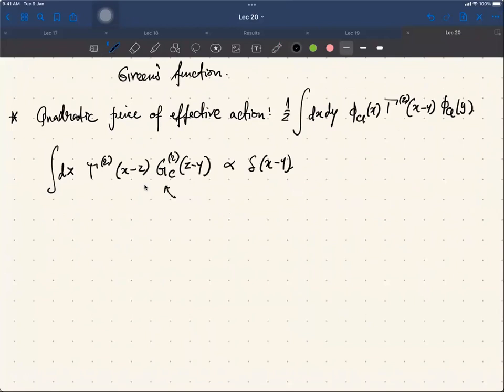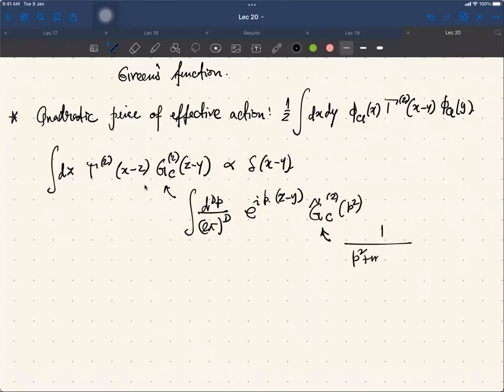This is written in terms of d^dp. In the Fourier transformation of that will be e to the power i p dot (z minus y) times G tilde_c2(p square), and this is given by 1 over p square plus m square minus omega square of p square.